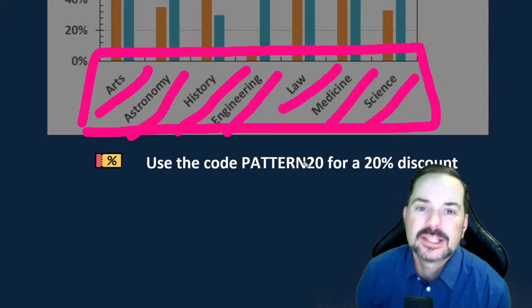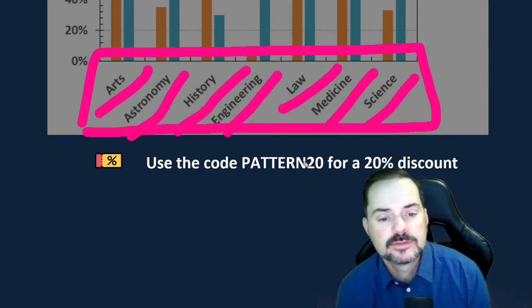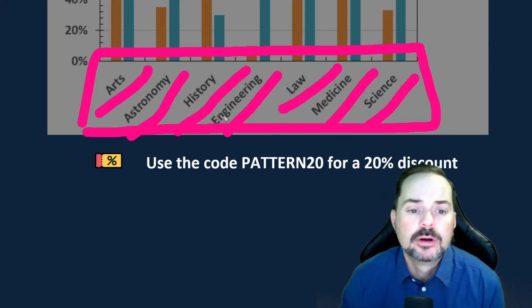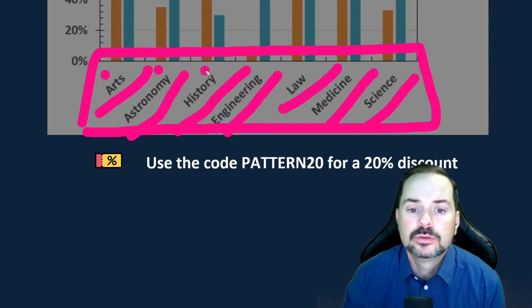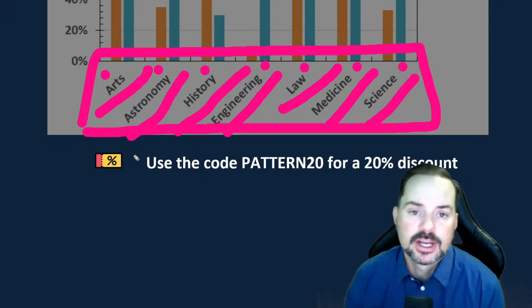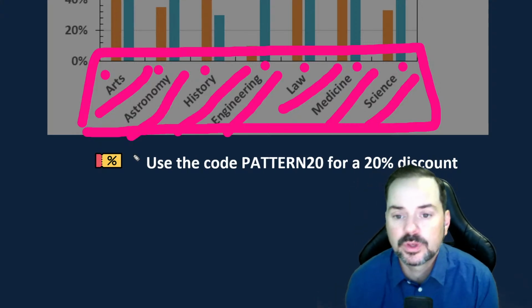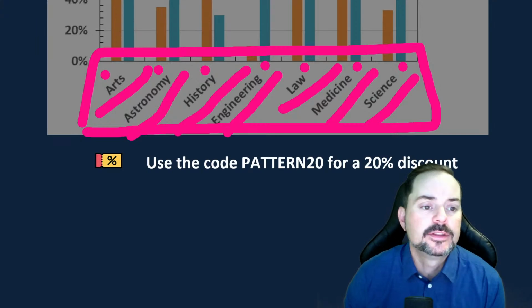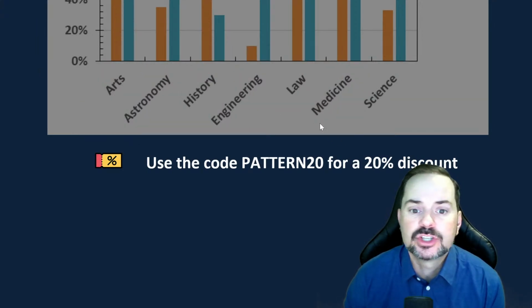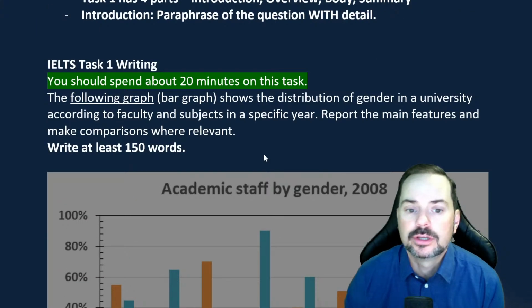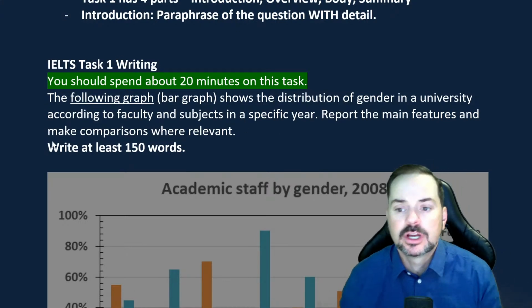Now, I could list these in my introduction, which is fine, but at minimum, I realize that there's 1, 2, 3, 4, 5, 6, 7 different subjects, okay, or 7 different faculties, if you will, okay? So again, that's a little piece of extra information that I should include in my introduction, okay?